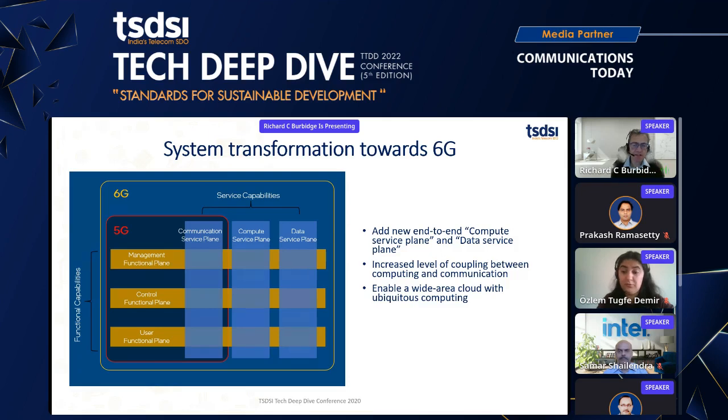With a very simplistic example, you could imagine a situation where you have loaded resources in the system, and of course it makes sense to apply consistent prioritization across all of these different services. It wouldn't make sense to treat the communications aspect with very high priority, but then treat the computing on the payload with a very low priority, because overall the service to the user then is not being prioritized. So that, I hope, gives a feel for why there needs to be this coupling between the different service planes.